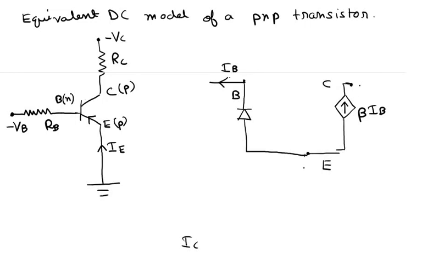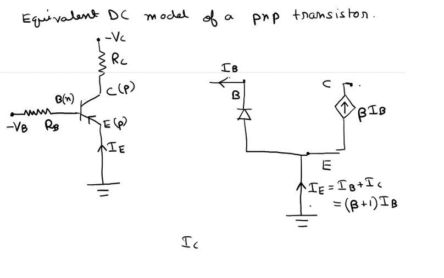And then the emitter current, just as we stated, is basically the sum of the base current and the collector current. So this is equal to beta plus 1 times IB. Okay, and this terminal is grounded.